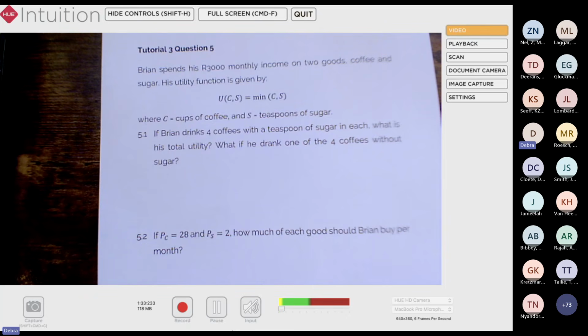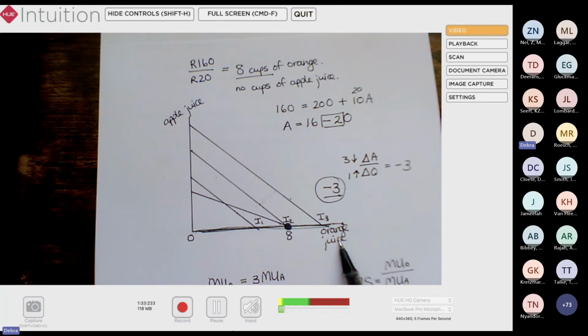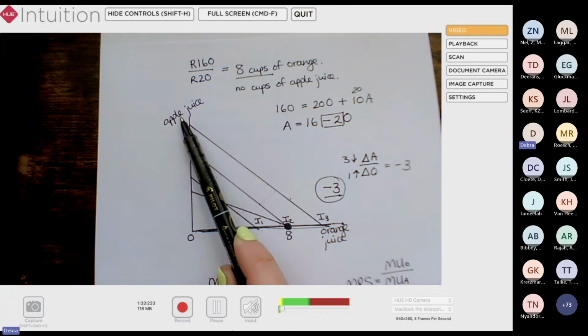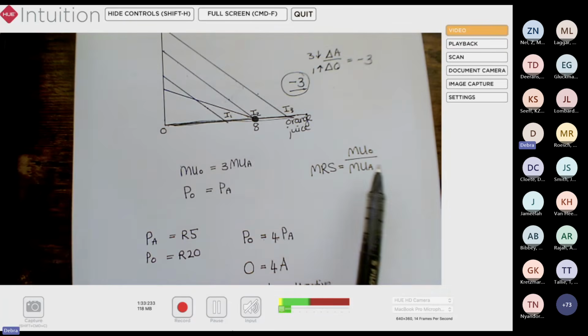But in most cases, you will be told which one goes on which. When I drew the figure for the last question, I chose for orange juice to be on the x-axis and apple juice to be on the y-axis because of how I was representing my MRS.